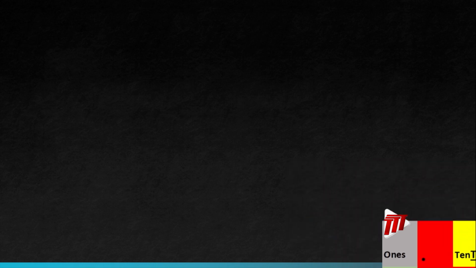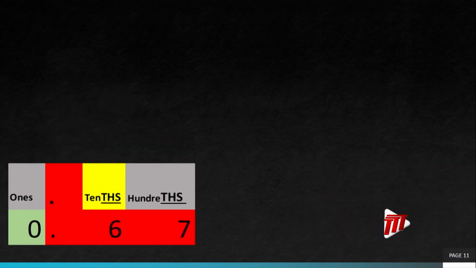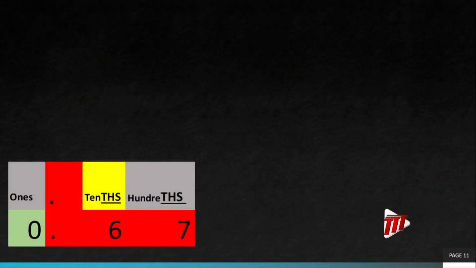Let's look at another number. So in this number now, we have no ones value. The ones value is 0. That holds the place. We have 6 as the tenths value and 7 as the hundredths value. Remember, I said when calling the names of decimals, we use the smallest value.